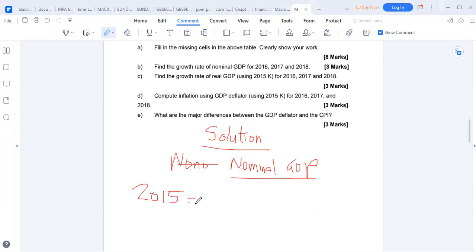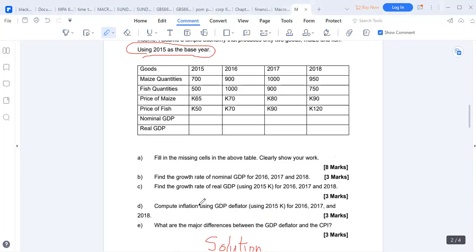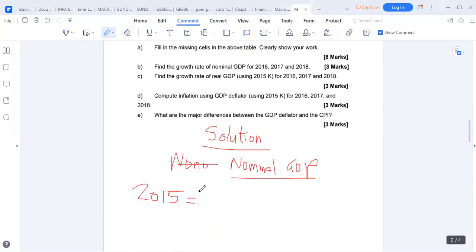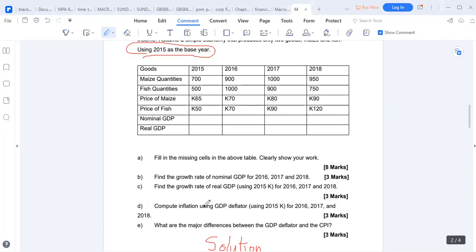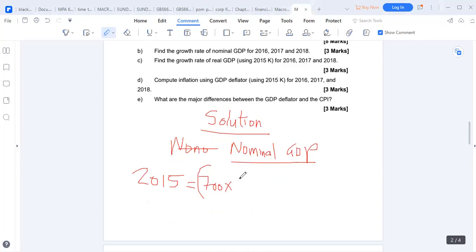The quantity sold in terms of maize is 700, and we multiply 700 by the price of maize, which is 65.